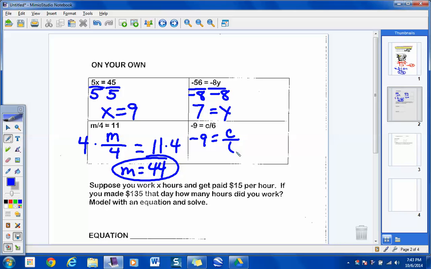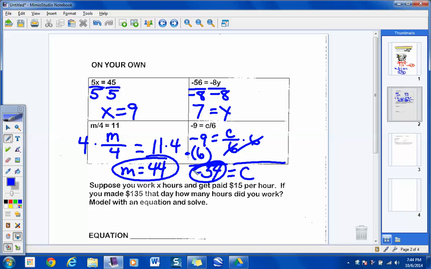So to undo division by 6, you're going to times both sides by 6. Ooh, I messed up here. I'll do it like this. Times by 6. That's what this dot is right here. Okay. 6's would cancel, and you would have c equals, the product of -9 and 6 is -54. Okay. Give yourself a pat on the back if you got all of those correct.